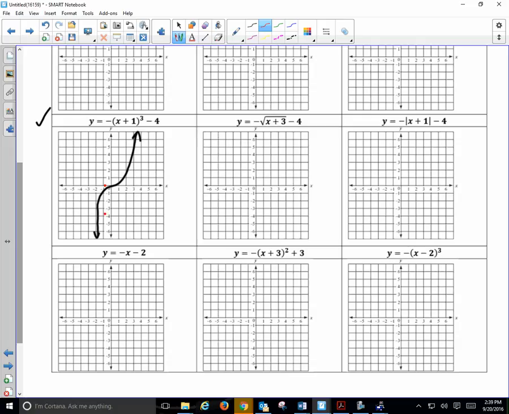What about the negative on the outside? It's going to make it do a vertical flip. So that means instead of starting down and finishing up, it will start up and finish down through that spot that we moved it. So you can see I moved it back 1 and down 4. Okay.